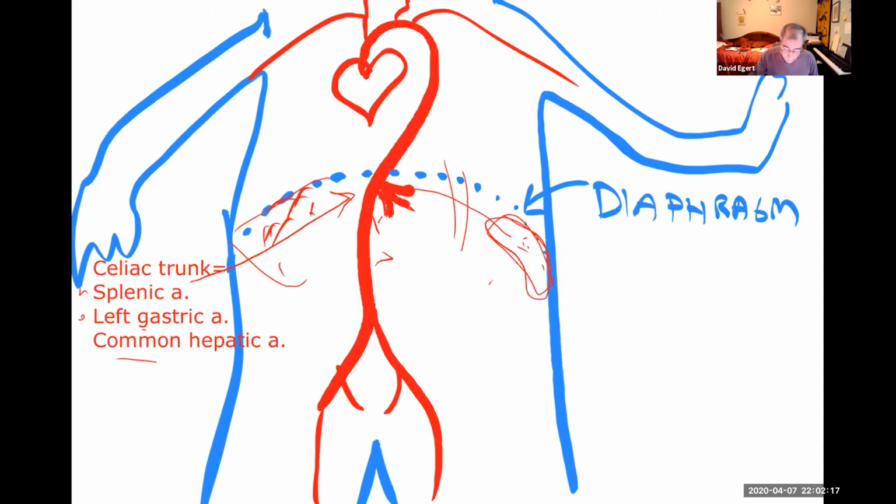So these are going to be my superior and inferior mesenteric arteries.